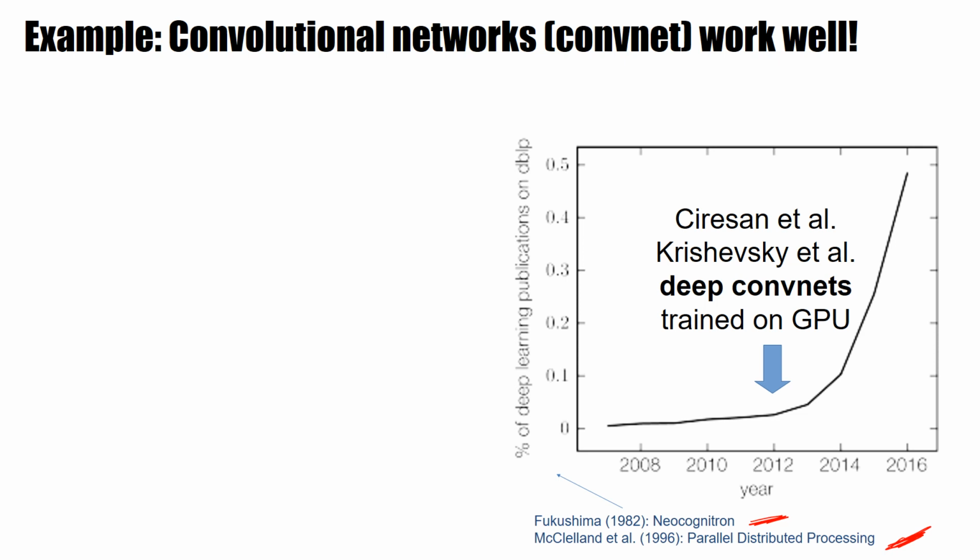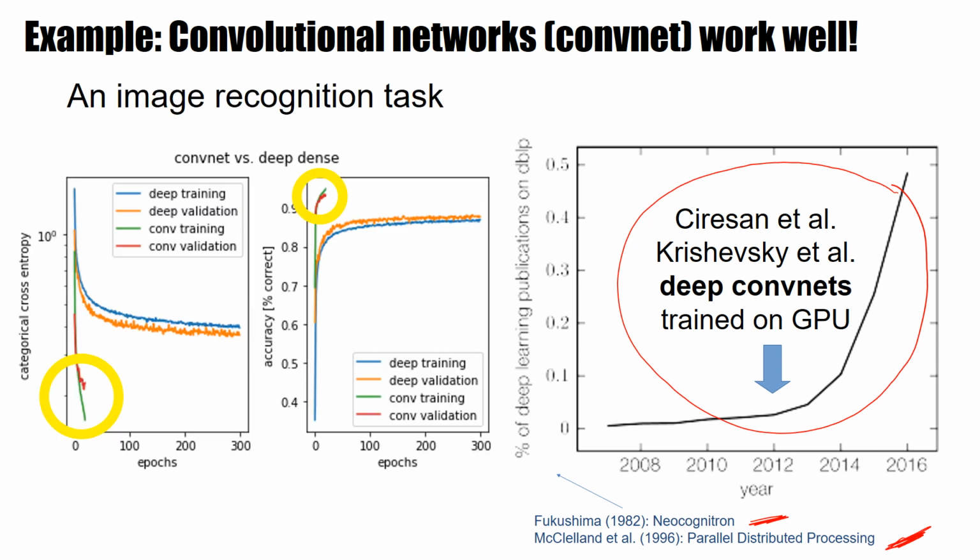However, the revolution of big deep neural networks really started in around 2012 when deep convolutional networks were trained on GPUs. So deep learning really refers to multi-layer networks, but the breakthrough came on an image recognition task when convolutional networks showed that they were really great.